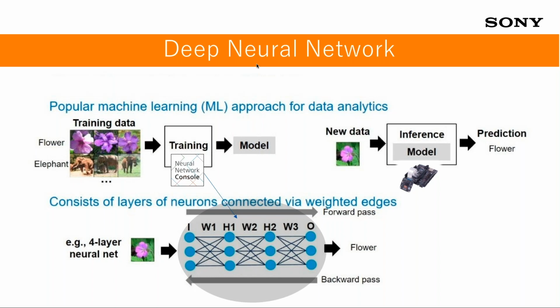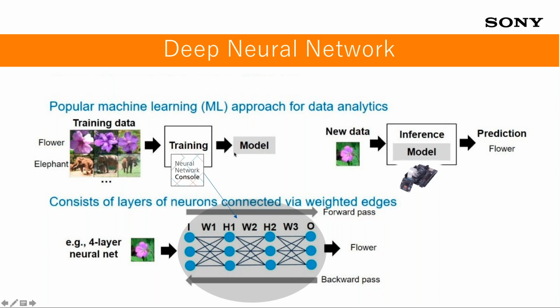Here I provided an example to give you an idea of what is happening if you want to build an Edge AI application. I start from the left-hand side. I have some training data. Here, I am trying to recognize if the picture is a flower or an elephant. This training data is a bunch of pictures, and it goes to a tool, which here is NNC.